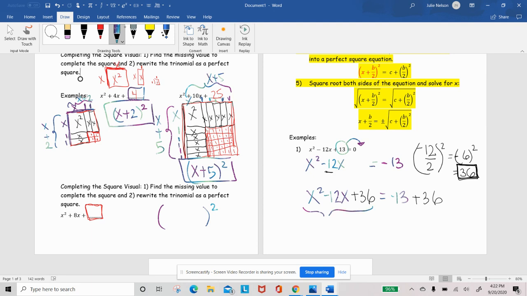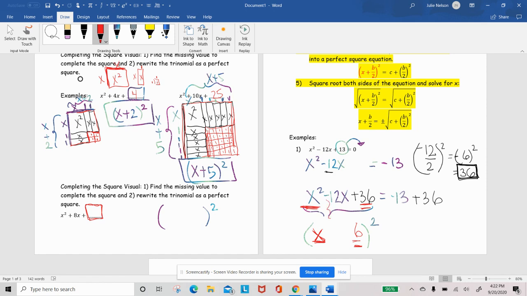Since I want to write this as a perfect square, first I ask myself, what times what makes x squared? x times x is x squared. Then I ask myself, what times what is 36? 6 times 6 is 36.